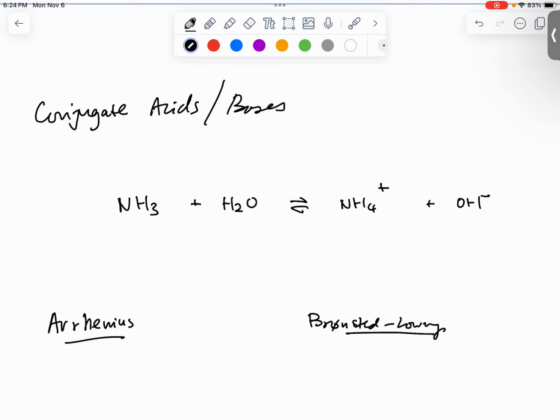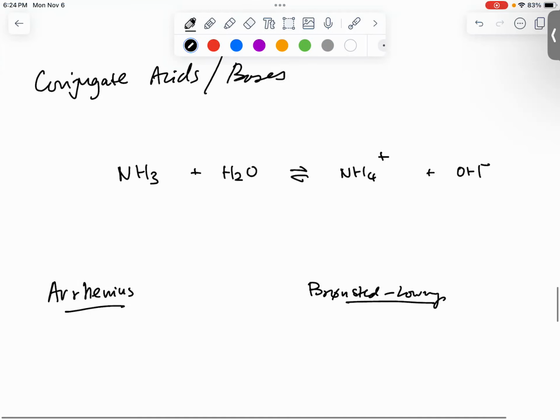The way I like to exaggerate these two definitions is that Arrhenius is the little racist kind. Not that Arrhenius is racist. Arrhenius is actually a very cool scientist. He is the person who coined the term greenhouse gas for CO2, which I didn't know until I bought a chemistry book and read about it.